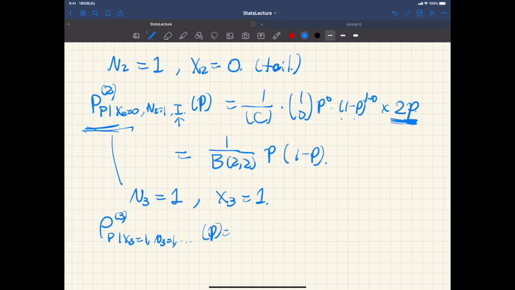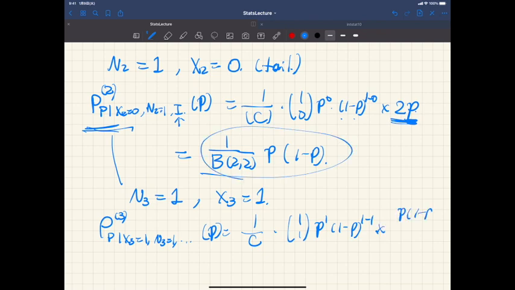The density is given by some constant times 1 choose 1, p to the power of 1, 1 minus p to the power of 1, and this distribution is the prior distribution.